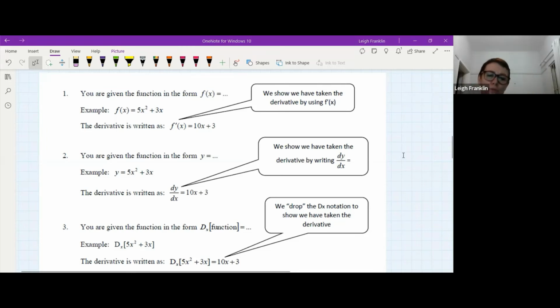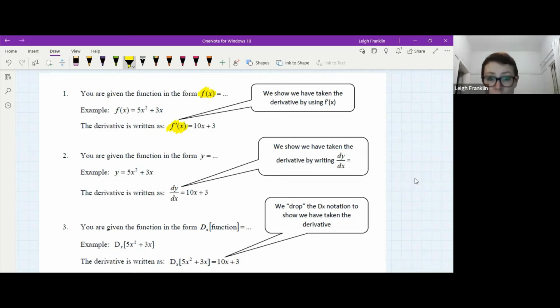The 3 most usual forms are this, right? So if they give you your function in the form of f of x, you will write your derivative in the form of f prime x. You will only write f prime x in the line where you are applying your power rule. So if there is a little bit of work to be done before you apply your power rule, you cannot write f prime x.